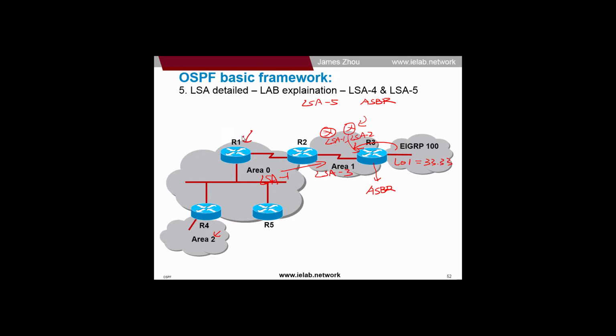But for another area like area 0, does R1 have R3's LSA1 or not? Don't have. Why? Because R1 belongs to area 0 and R3 belongs to area 1.